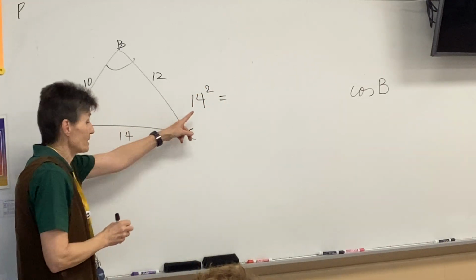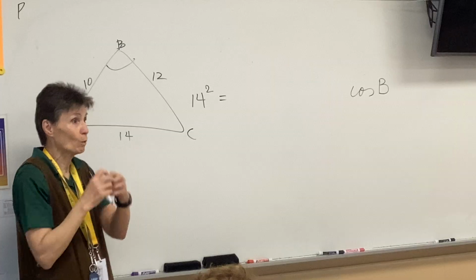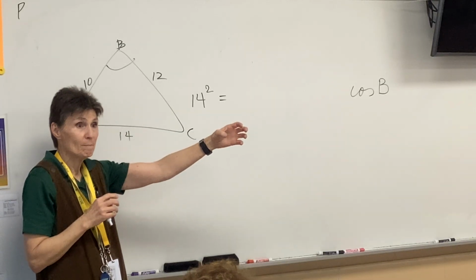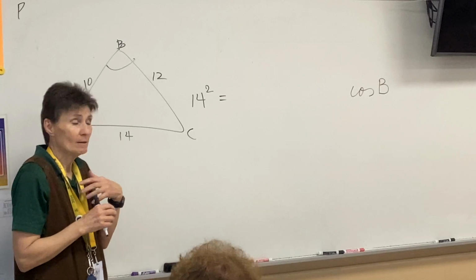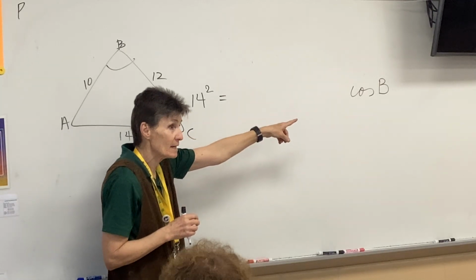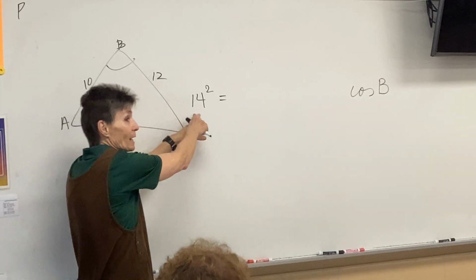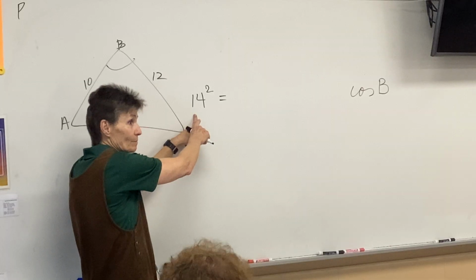So I have 14 squared here because 14 is what goes with B. If you were going to find angle A, then you'd have cosine A, and then over here you would have 12 squared. You see that?